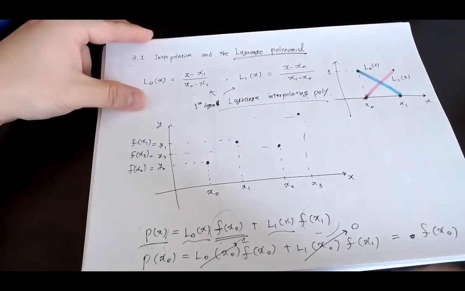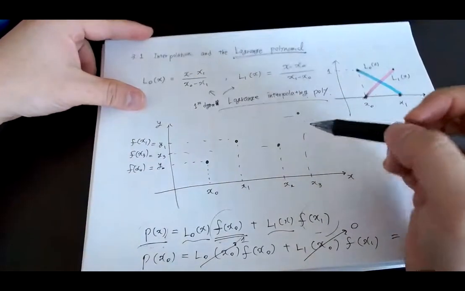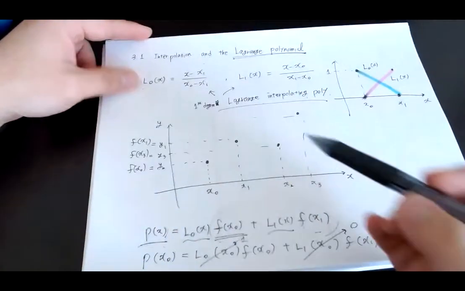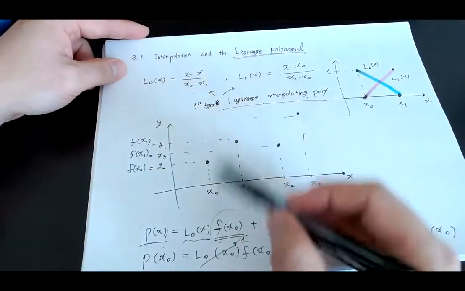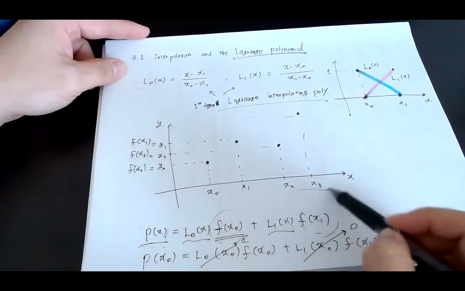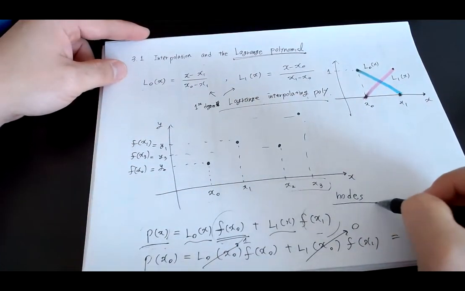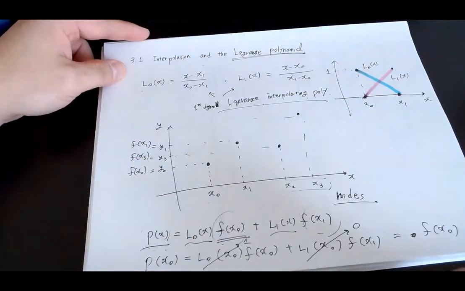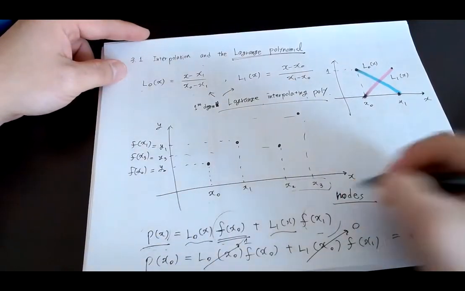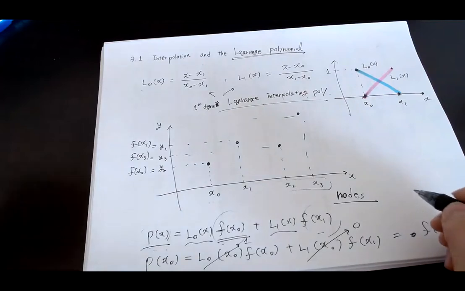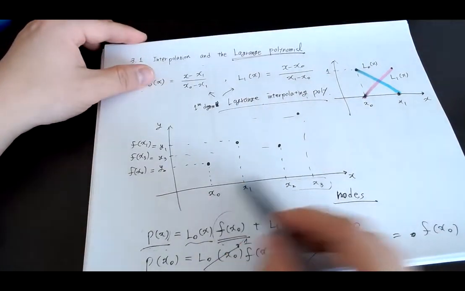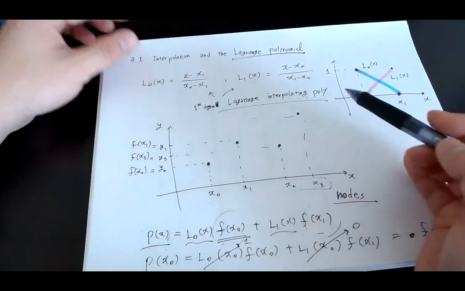Okay, so finally, we construct the Lagrange polynomial with only 2 points. These are called the nodes. Depending on the nodes, the degree of the Lagrange interpolating polynomial will be determined.